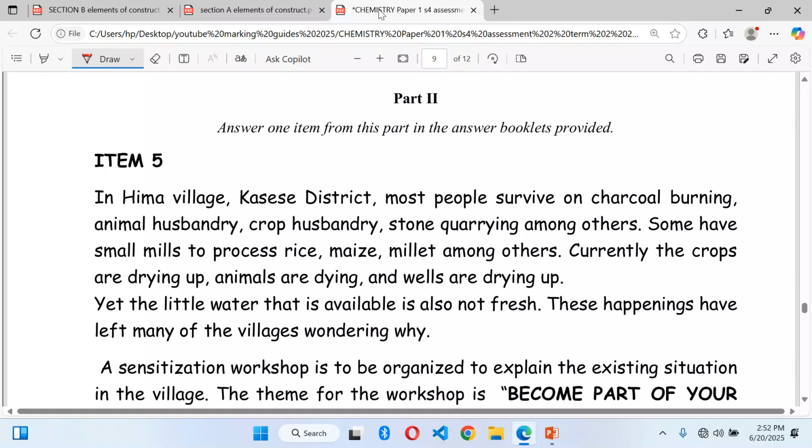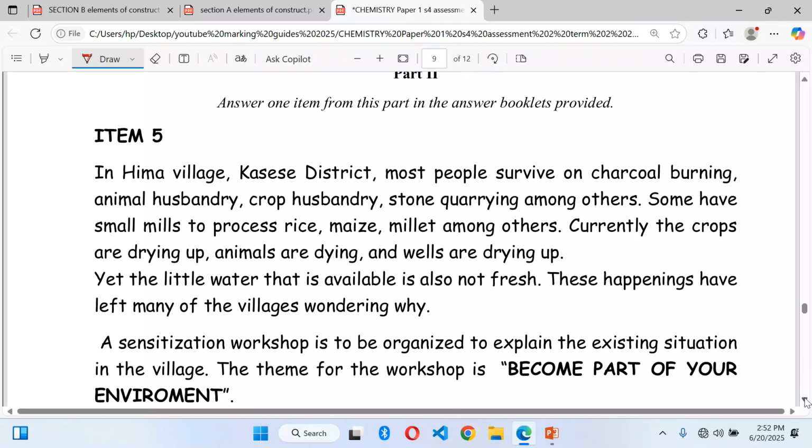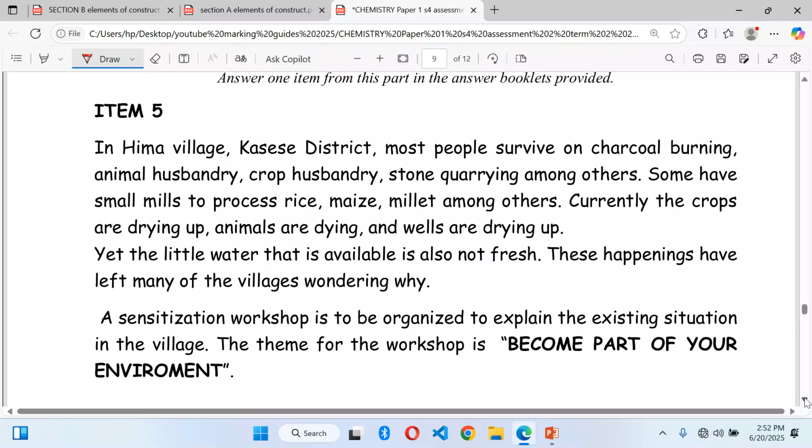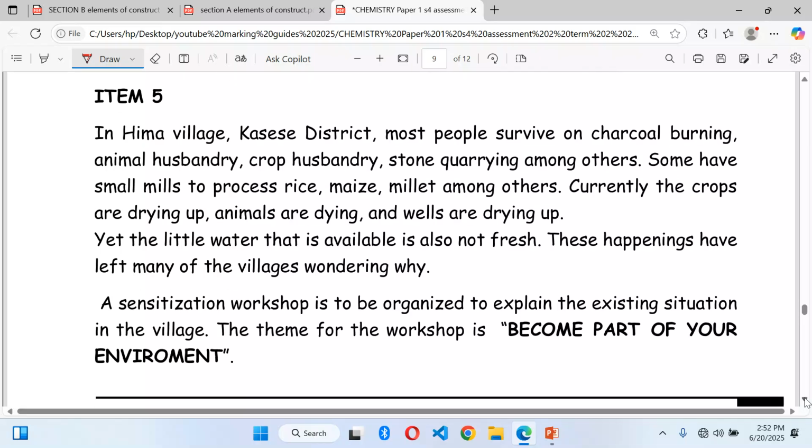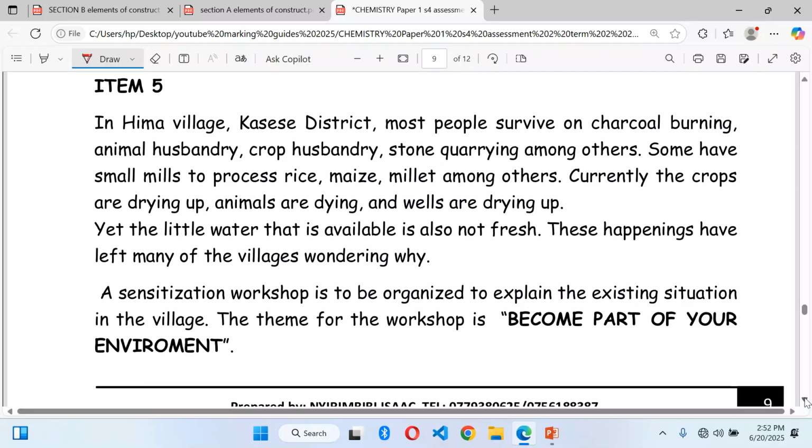Let's look at number 1. So our first thing is to read the scenario, identify the natural resource which is being affected, and then identify the human activity that is affecting it. Then we can begin responding. So let us read very fast. In Hima village, Kasese district, most people survive on charcoal burning.